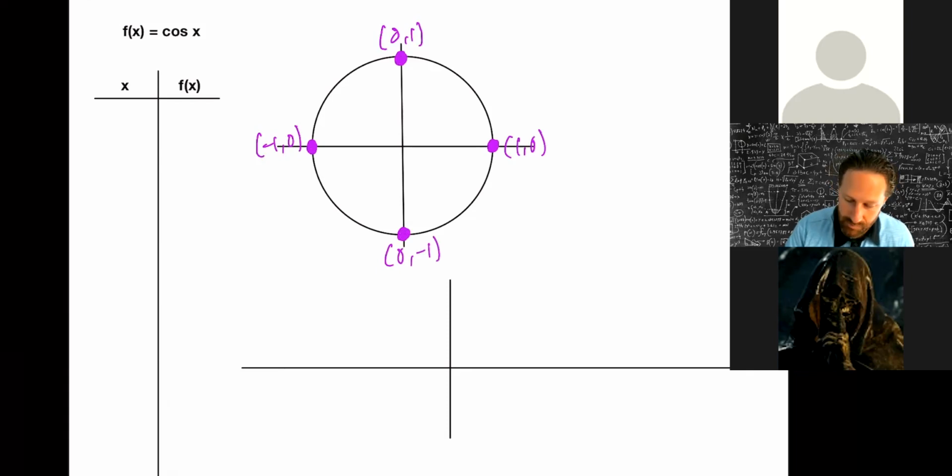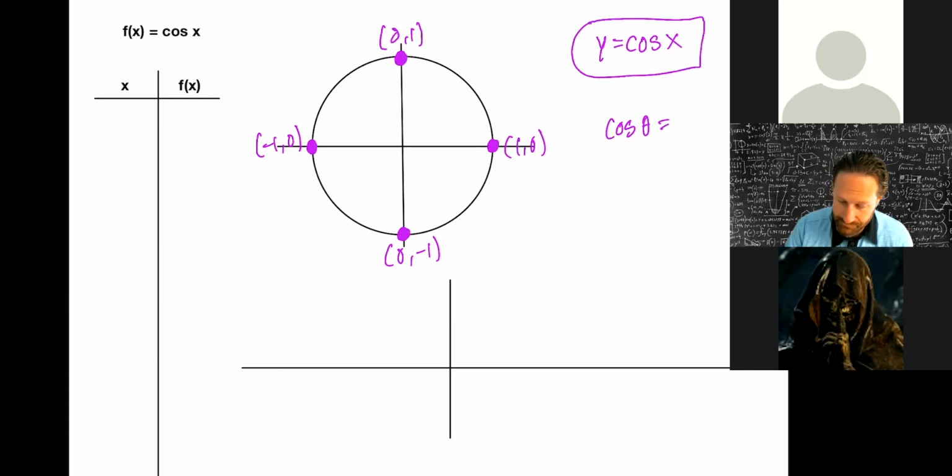And we know cosine, if we write it like this, we know cosine of any angle is always equal to the what over the what? In general, what is cosine always equal to? What over what? Oh, then y over r.